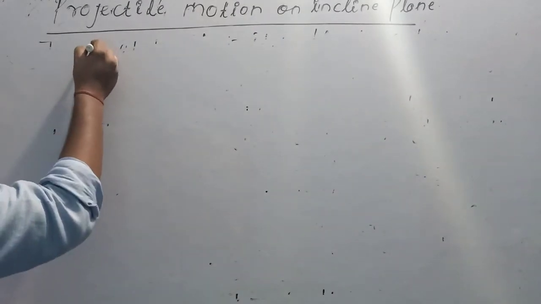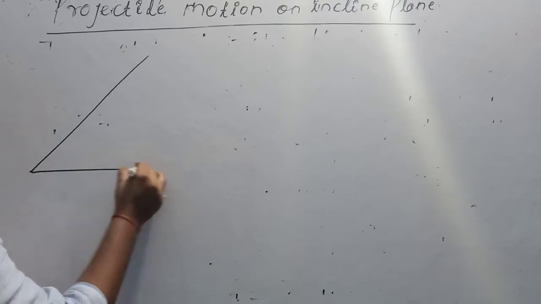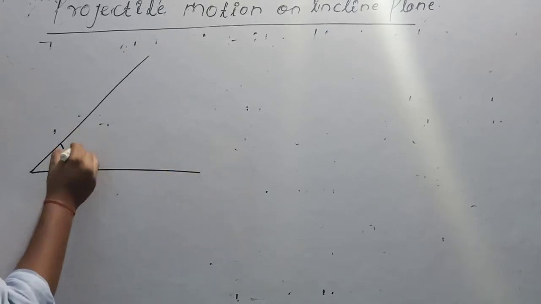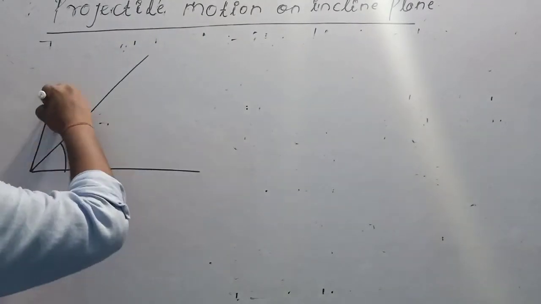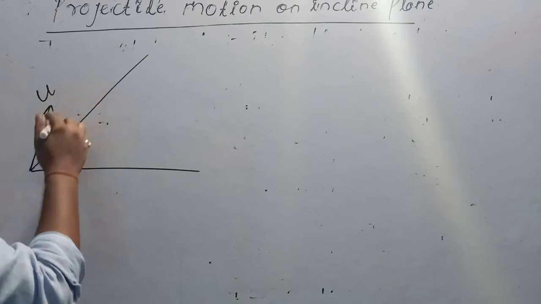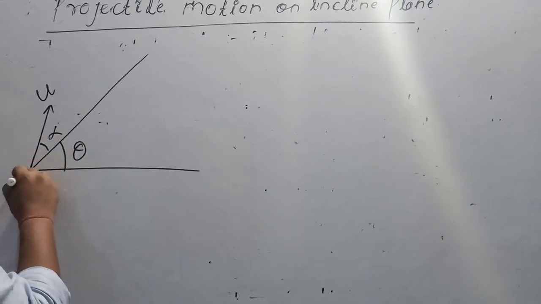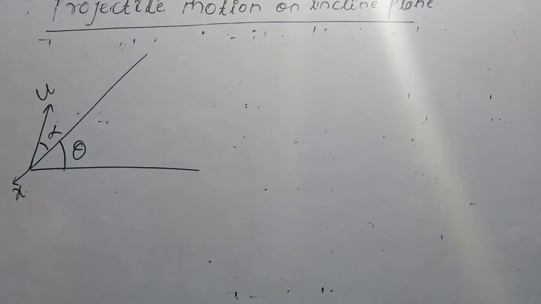So, this was our incline, whose angle of inclination was theta. Let me check whether it is clear on the phone screen or not. Okay. If the projectile is projected with some initial velocity u, making some angle alpha with the x-axis, this axis is taken as the x-axis.